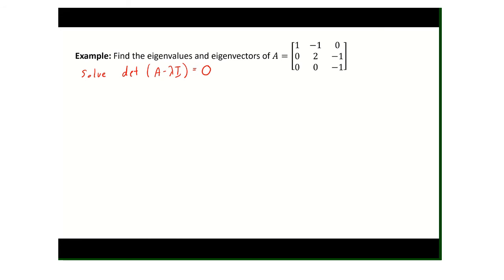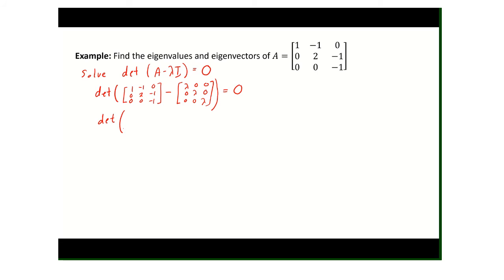So what is this? Determinant of A, 1, 0, 0, negative 1, 2, 0, 0, negative 1, negative 1, minus lambda I, which is lambda 0, 0, 0, lambda 0, 0, 0, lambda. That's our determinant. We want that to be equal to 0.